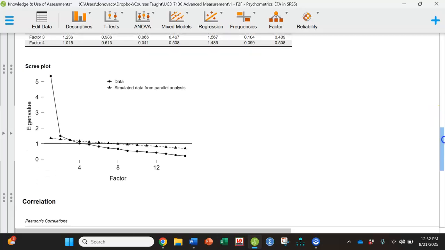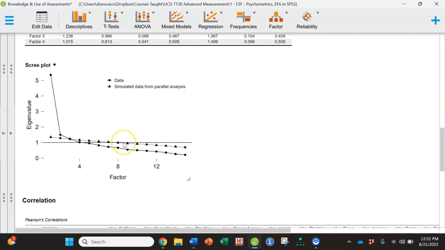Here's the other reason why I really, really love JASP. This is my parallel analysis. I don't have to run syntax. I don't have to compare tables. It does it right here all together. So as long as my data is larger than the simulated data from the parallel analysis, that is support that it is real and not due to chance.